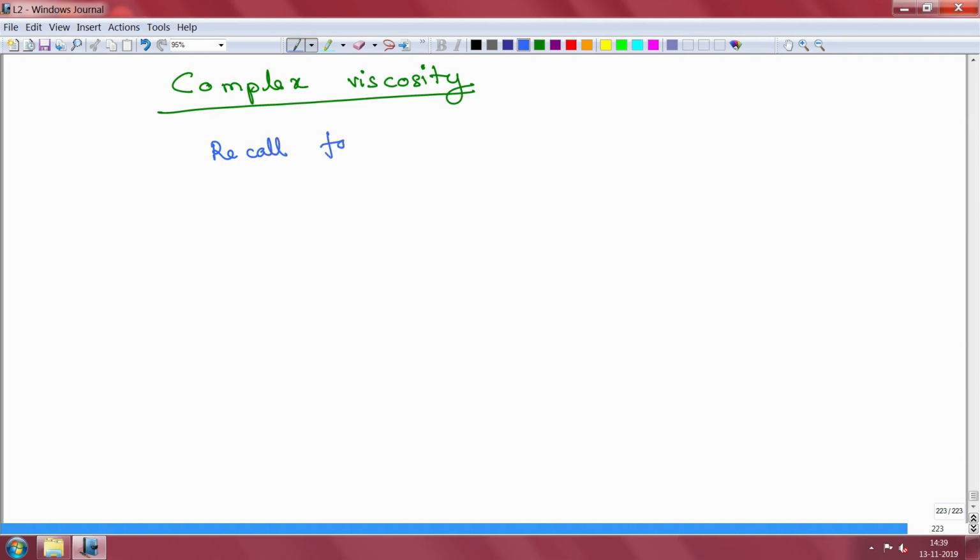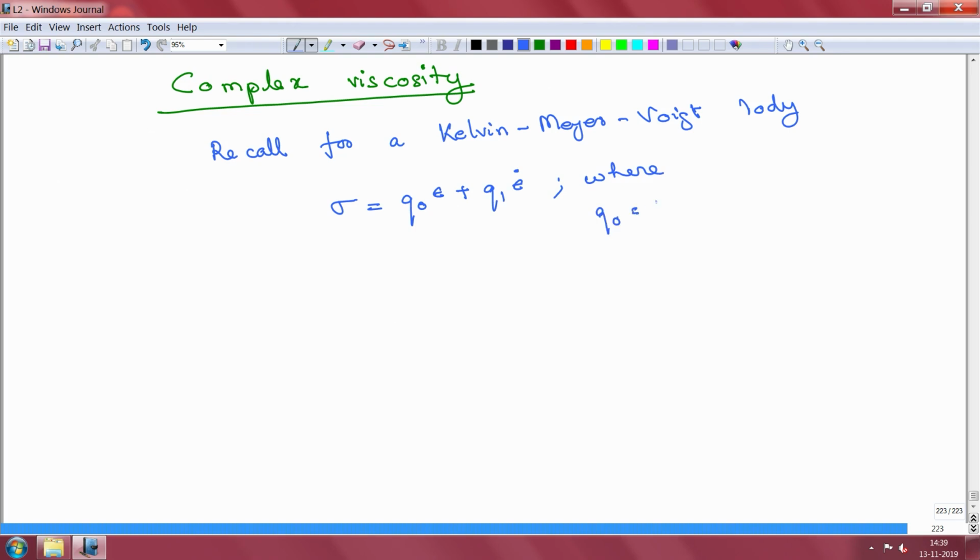For a Kelvin-Voigt body, your equation was sigma equal to a term which only has epsilon, and there was another term which was going to have epsilon dot, right, where q naught was E and this other term q1 was the viscosity, right.